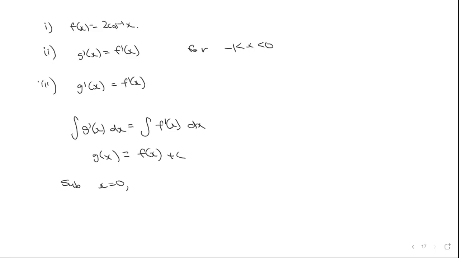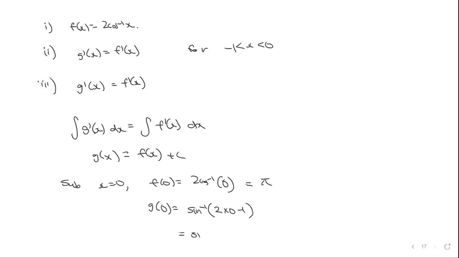If we sub x equals 0, f(0) is 2 cos inverse of 0. Well, we already know from our graph that that's going to be pi. Cos inverse of 0 is pi over 2, and times it by 2 is pi. g(0) is going to be sine inverse of 2 times 0 minus 1.